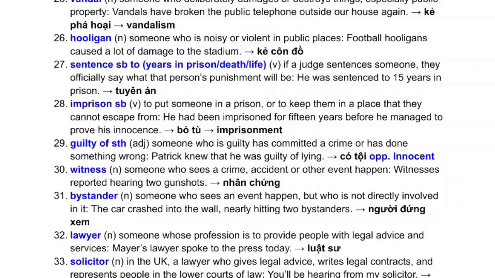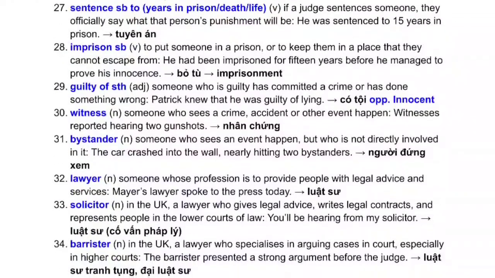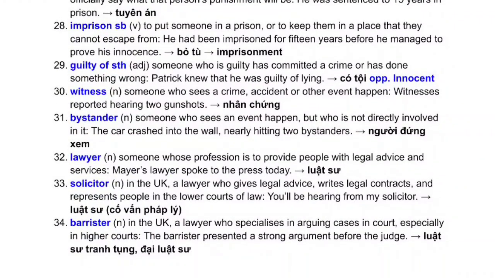30. Witness. Witness is a person who sees a crime, accident, or other event happen. Example: witnesses reported hearing 2 gunshots. 31. Bystander. Bystander is someone who sees an event happen but who is not directly involved in it.